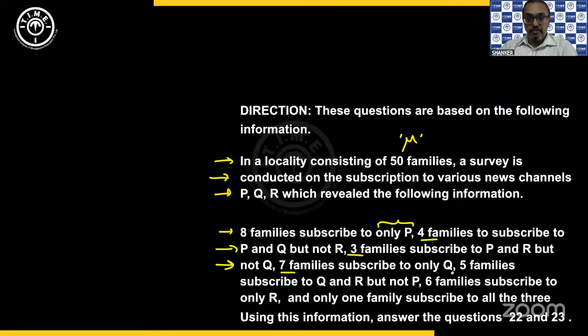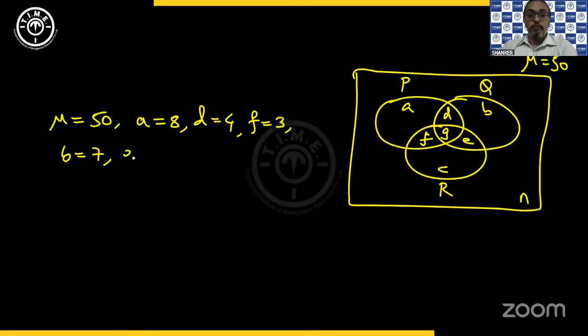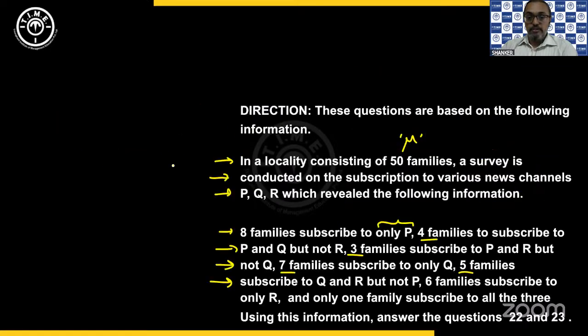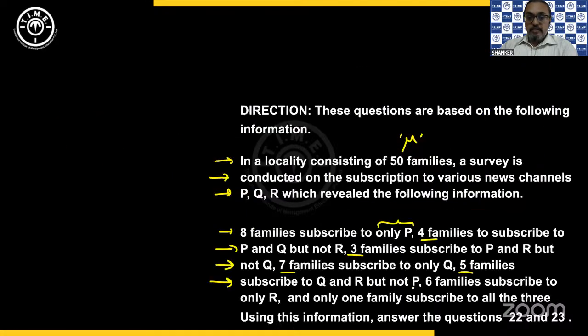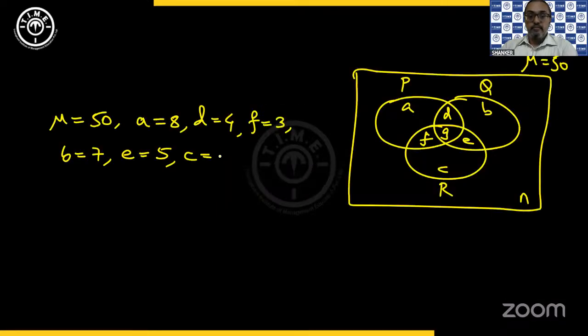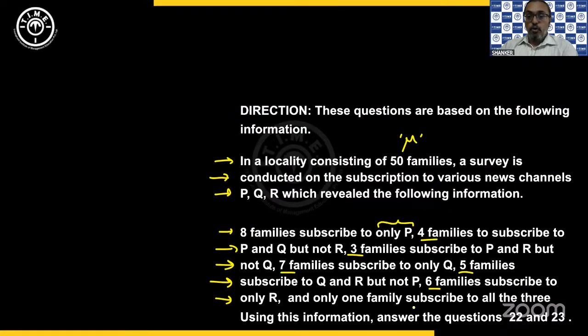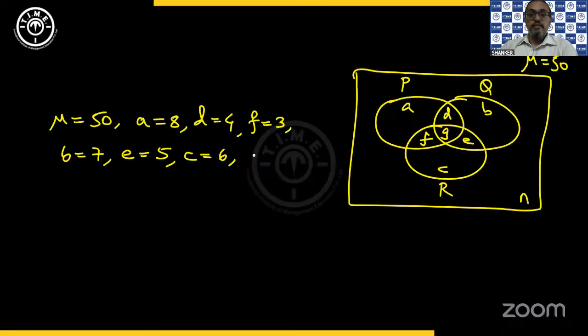All the values are directly given here. 5 families subscribe to Q and R, but not P. So Q and R, but not P is E, and that value is given to us as 5. And 6 families subscribe to only R, that is C, 6. And only 1 family subscribes to all the 3. That is G, only 1.